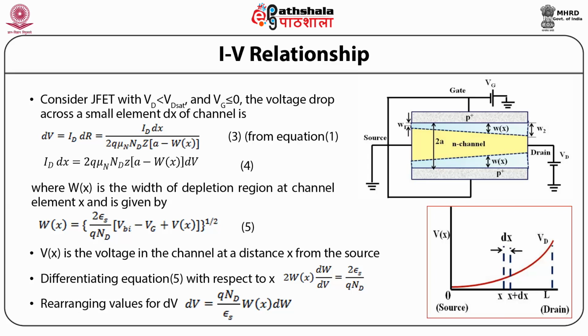Now rearranging the values for dV, we get dV equal to q nd by epsilon s multiplied by W as a function of x multiplied by dW.